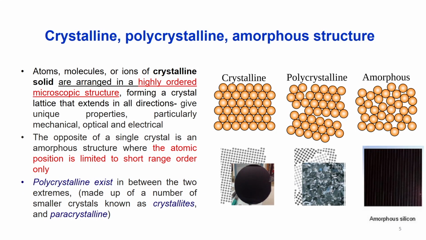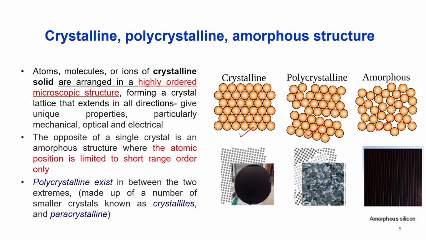Now, let us pay attention to the crystalline, polycrystalline and amorphous structures. This structure is crystalline, the middle one is polycrystalline, and the last configuration is amorphous. What happens in the case of crystalline solids?